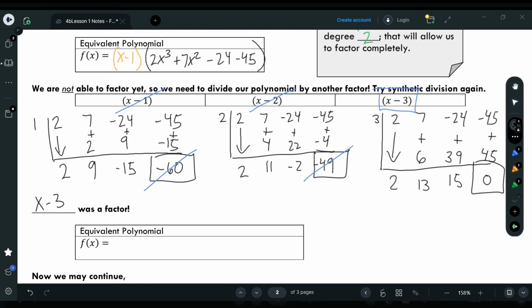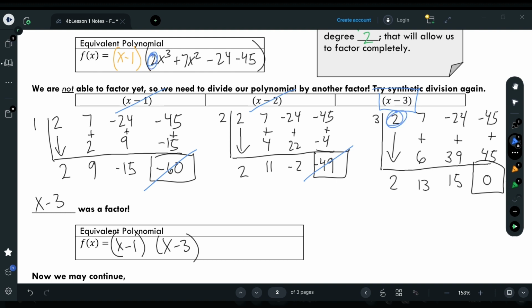Okay, so our equivalent polynomial at this point is going to be, we've got x minus 1 from there as a factor. And then we've got x minus 3, which we just found is also a factor. And then what's left over here is going to come from right here. And let's see, up here, look, this 2 is the coefficient here.